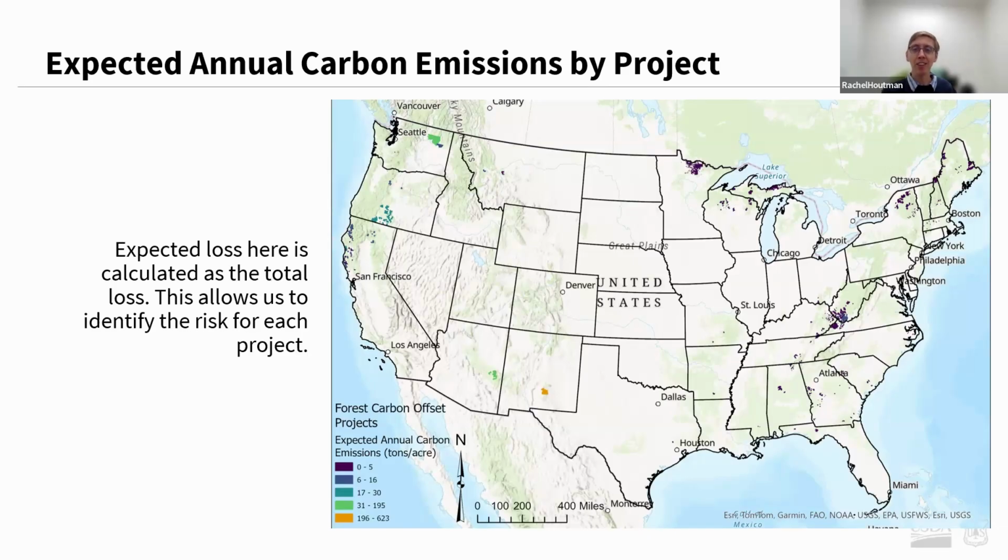Remember, that is still an average annual expected loss for this project down in New Mexico. But we see that same pattern where projects in the East and the Southeast are less likely to burn from wildfire, and projects in the West are more likely, essentially.